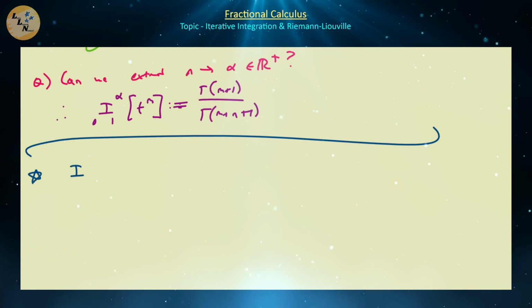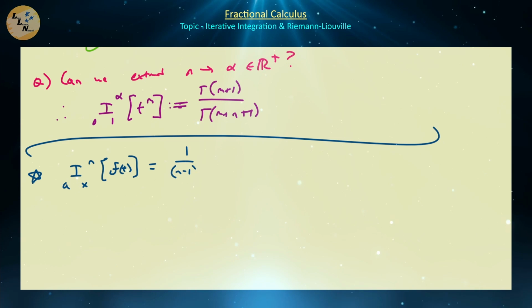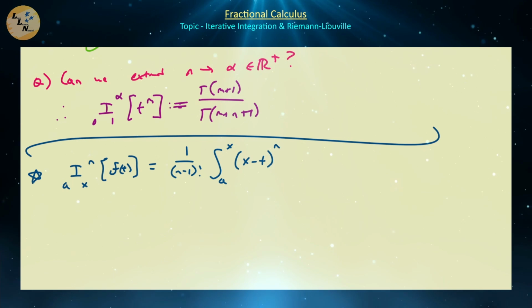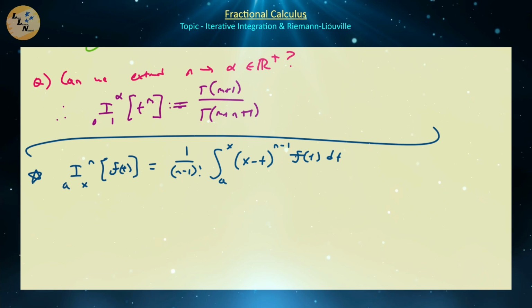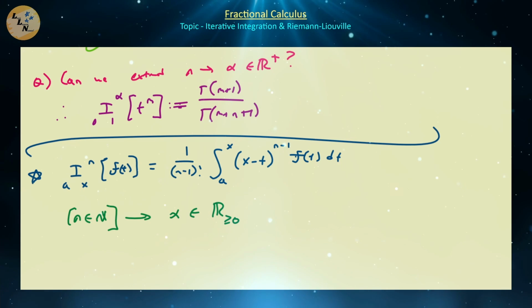So before, we've already shown that the n-fold integral from a to x of f of t is going to be equal to 1 divided by (n minus 1) factorial, integral from a to x of (x minus t) to the n minus 1 f of t dt. And what we're going to do is take n, which at least for right now is going to be in the set of natural numbers, and extend this to an alpha in the set R, which is greater than or equal to 0.